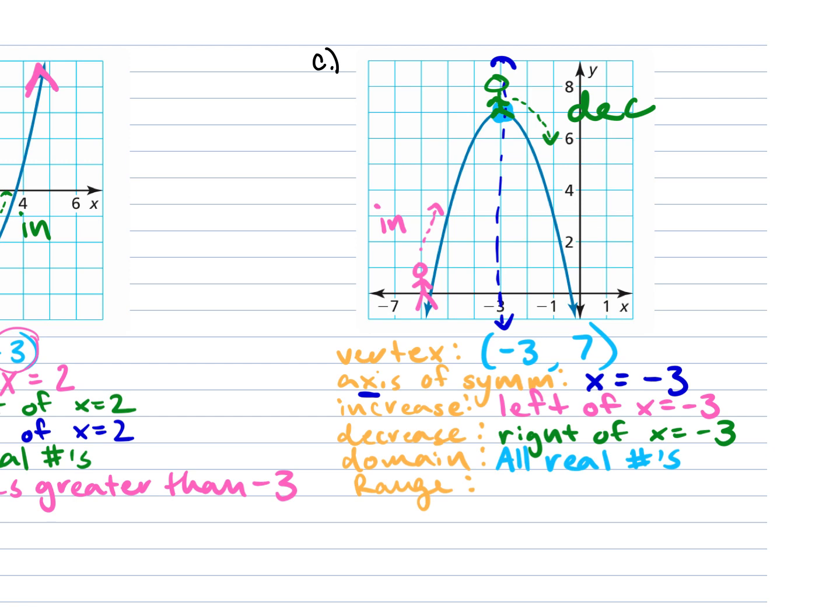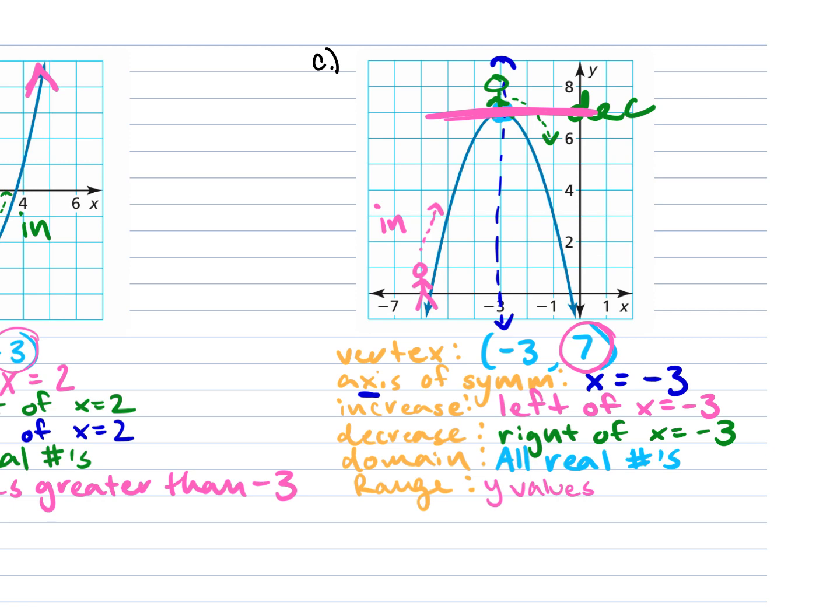And then lastly, let's look at our range. Range is the y values. So we're talking about y values. What's our y value in our vertex? 7. So at 7, are we talking about y values that are above 7 or below 7?